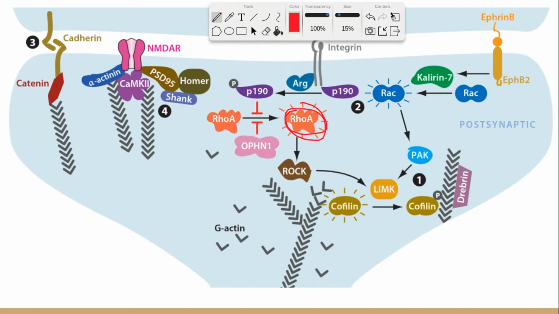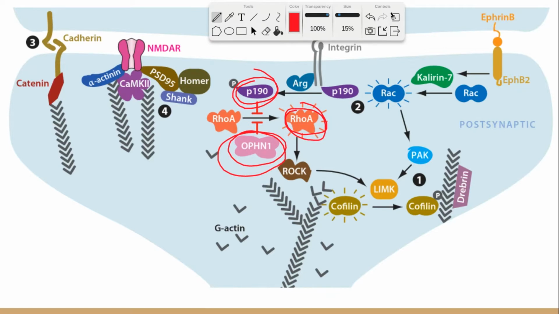And there are two important RhoA GAPs, GTPase activating proteins, that hydrolyze RhoA's GTP into GDP and turn it off. The two proteins that turn off RhoA and thus prevent actin depolymerization are P190 and OPHN1.